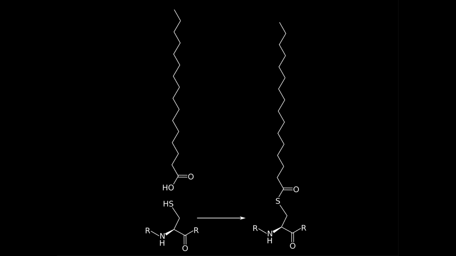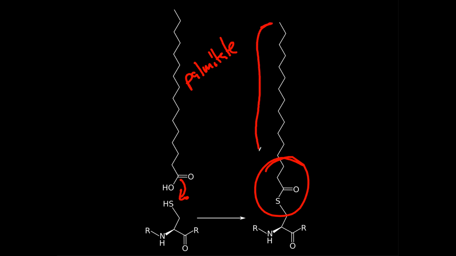So for instance, this is an example of that. Here's palmitate here, and then we're adding it on here to the cysteine residue, and we get this bond. And then this fatty acid chain here can then go into the membrane.